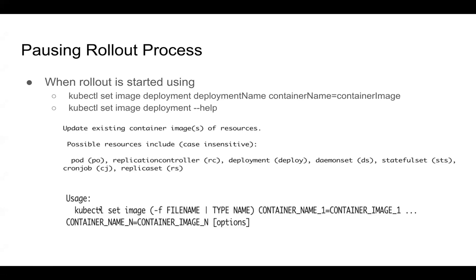And if your image has multiple containers, because that's how you've created the image, then you can set each container image separately also. So this is the help you can see from your command line.